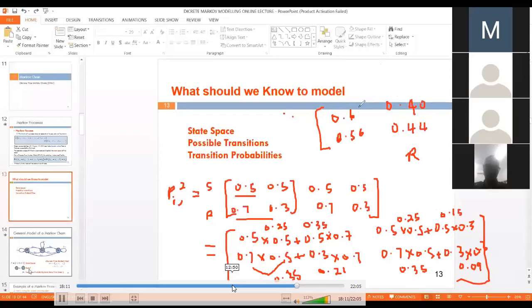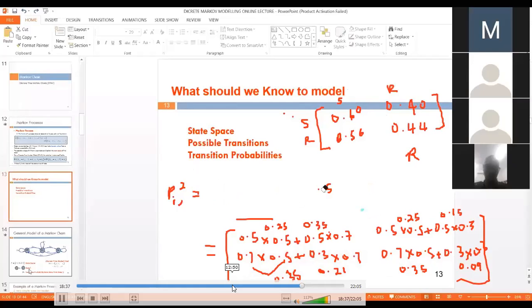Good. And then we keep the structure. The structure is the same. So this is sunny, rainy. This is also sunny, rainy. Okay. So now let's go back to the question. The question said we should find the probability of transiting from a sunny day to a rainy day within the 2 time steps from Friday to Sunday.